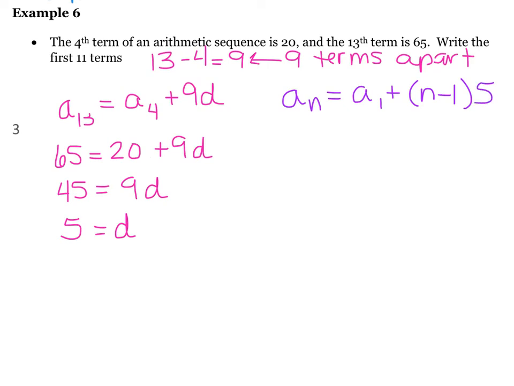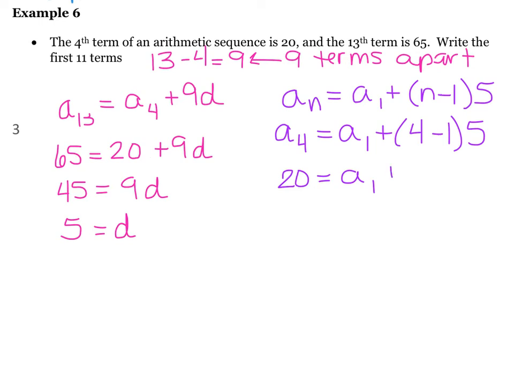Well, let's plug in some things that we know. I know, for example, that a sub 4 is 20. So I'm going to take a couple of extra steps just because I want to make sure that you guys see where I'm getting these numbers from. So a sub 4 is 20, and I can use that to find the first term.